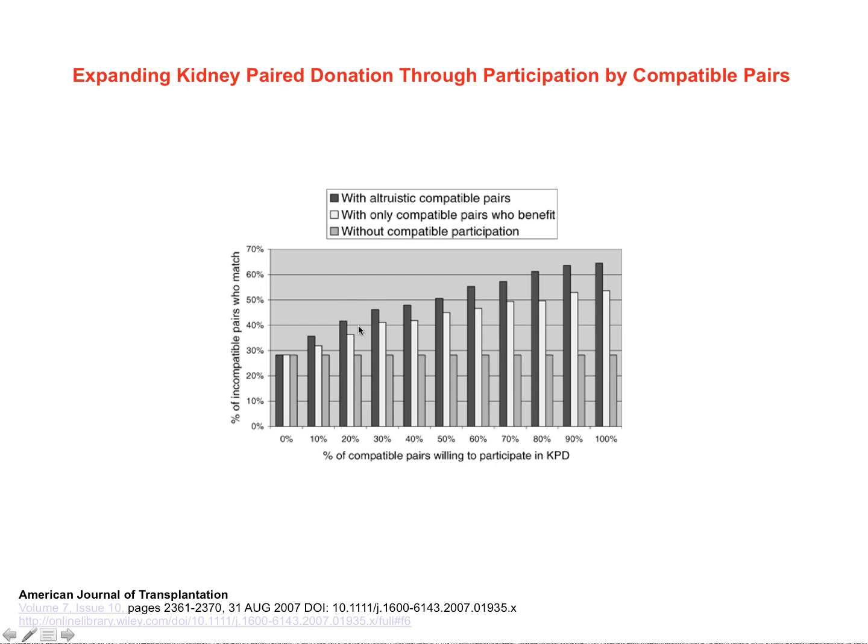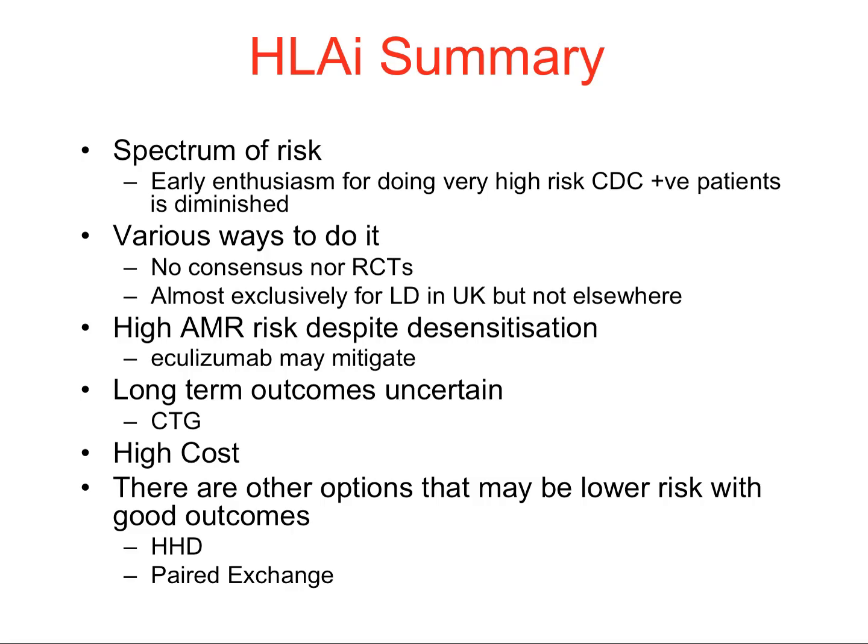This is just computer modelling, so it's not the real world, but you can see that if you don't include compatible pairs in your scheme, your transplantation rates will tend to sit at around 25%, exactly what the UK has demonstrated. But if you add in compatible pairs, either who will benefit, or even if they won't benefit, they're just doing it for the good of the service, then you'll actually get a much higher proportion of patients matched. We're not practicing this yet in the UK, but they are in some US centres.